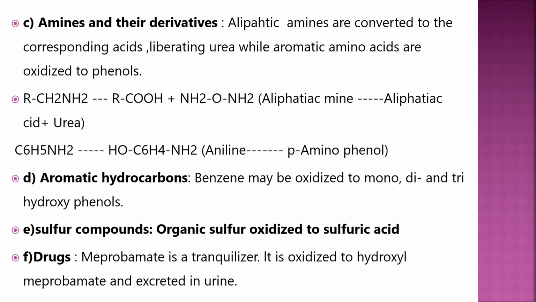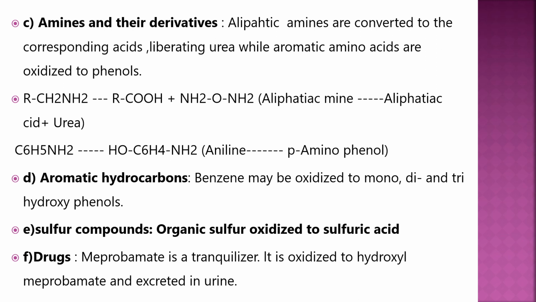Then third, amines and their derivatives are also oxidized. They are converted to the corresponding acids. Example, aliphatic amine is converted to aliphatic acid and urea. Then aniline is converted to para-aminophenol. Aromatic hydrocarbons are also oxidized to mono, di, trihydroxyphenols. Sulfur compounds are oxidized to sulfuric acid.